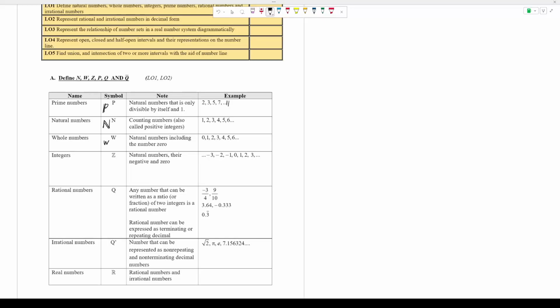And then integers. Okay, so starting from integers, I have to focus a bit because these are commonly asked in the exam lah. Okay, so integers, the symbol for integers is Z. Okay, as you can see, you can write down Z first, and then you just run a line down the middle part like this. Okay, so that's an integer, symbol for integer.